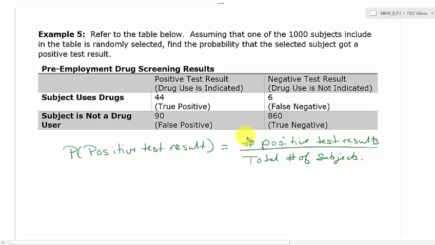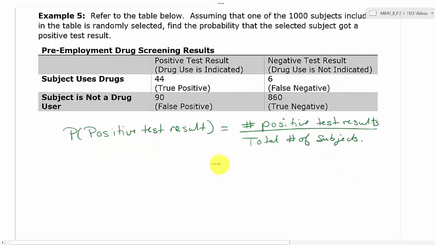The notation, in case you're not aware, is just a shorthand for the word number. We would be looking at all of the people in this column because those are the people that had a positive test result. So the number of positive test results we had was 44 plus 90 out of the total of 1,000. And 44 plus 90 is 134. Divide that by 1,000 and we get 0.134.